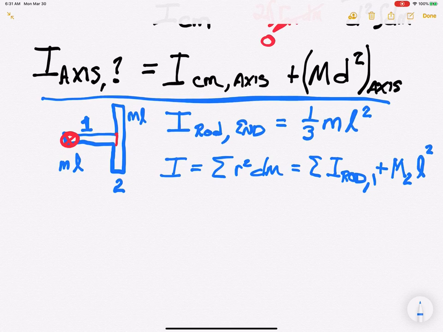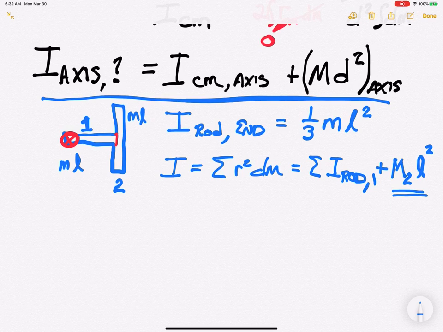But I want to make it clear that this last point has less to do with the parallel axis theorem, and more to do with the definition of the moment of inertia, which just says, as long as everything is rotating around the same axis, you are allowed to add them up.